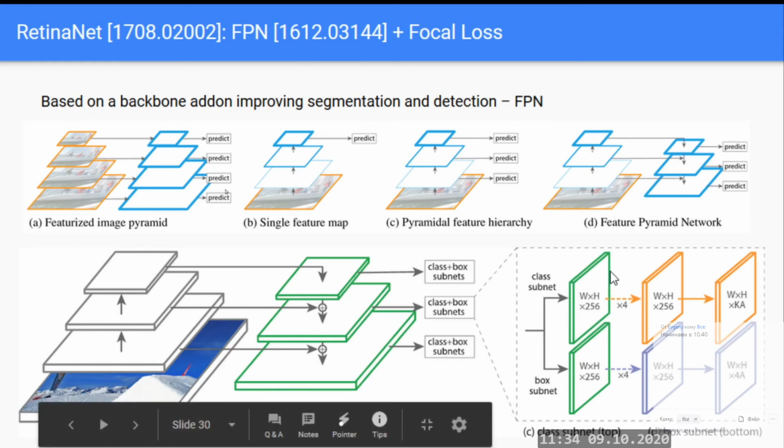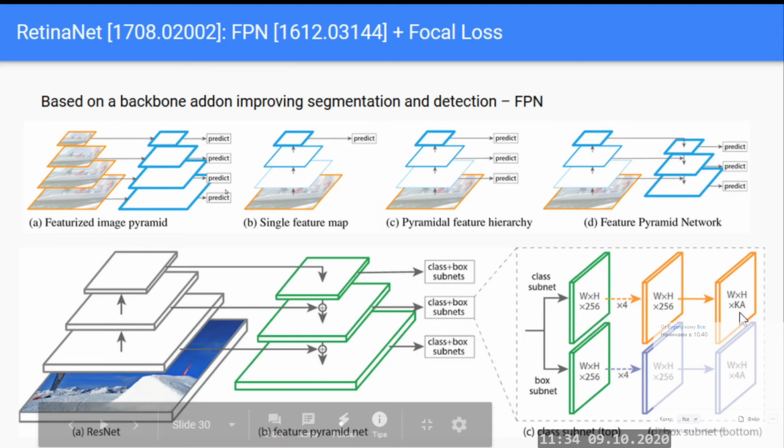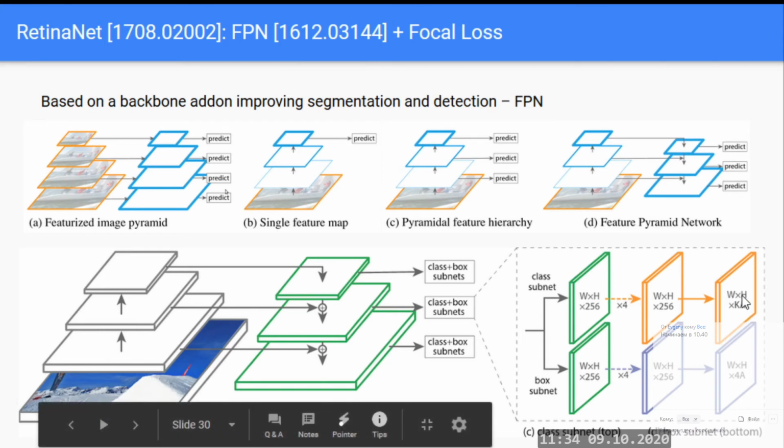And then we apply some additional convolutions to make the final decision with some predefined number of anchors. And we have an additional branch for the bounding box regression with some linear layers in the end to make the bounding box adjustments.